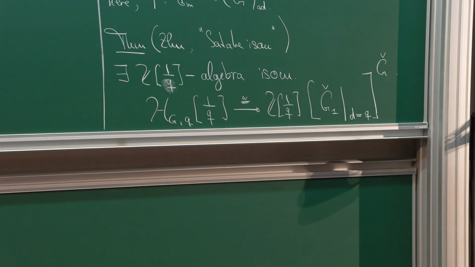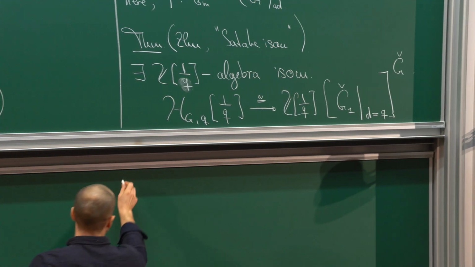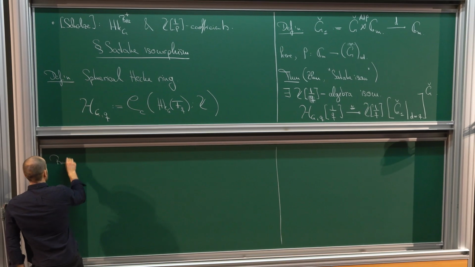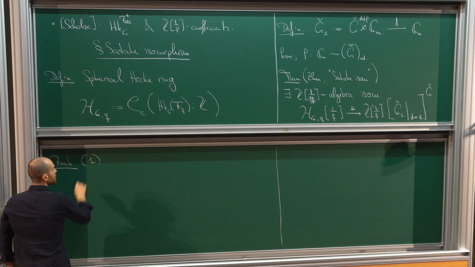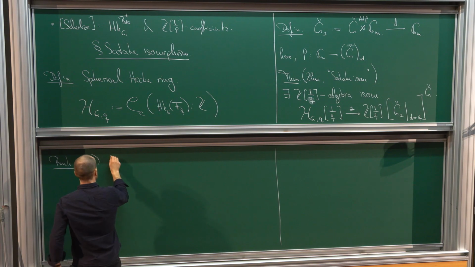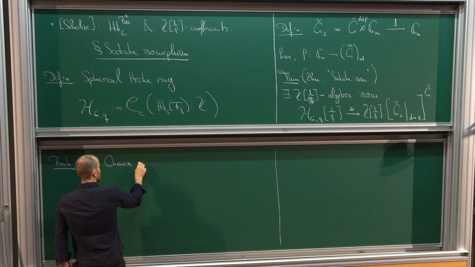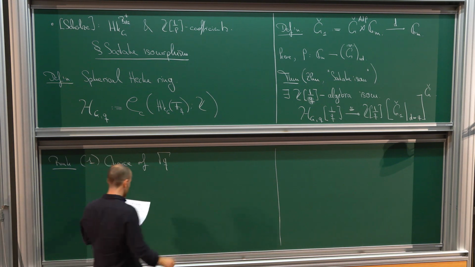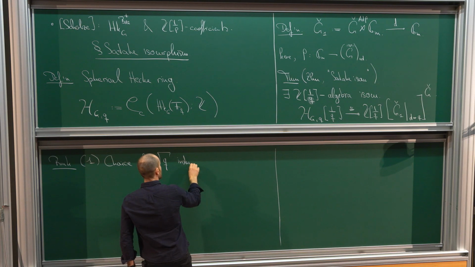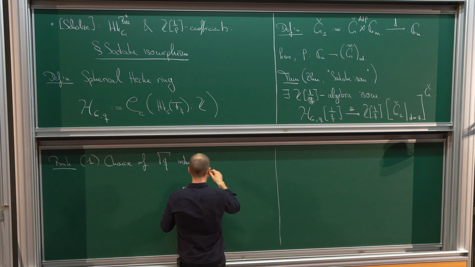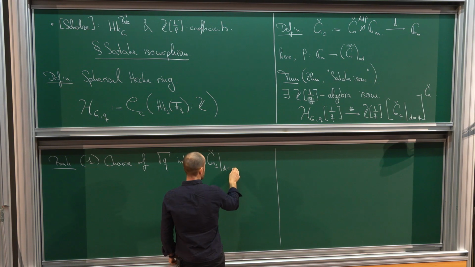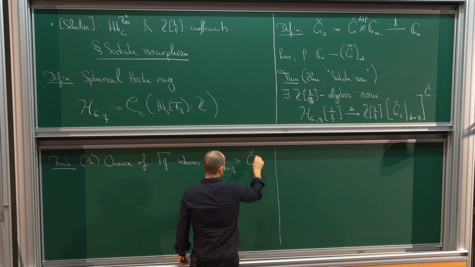Okay, so how does this relate to the maybe more familiar version? It's the following remark. The choice of some square root of q induces an isomorphism, as G check varieties, between this fiber here and just the dual group.